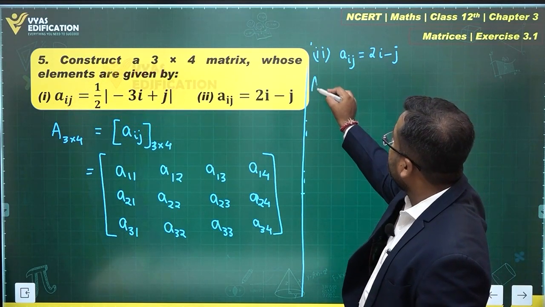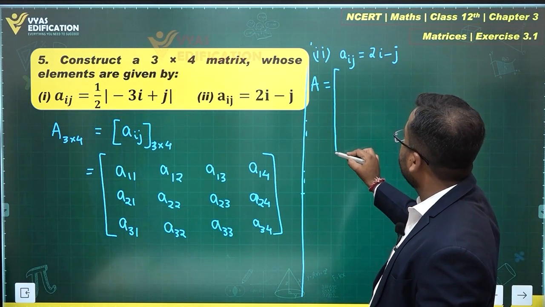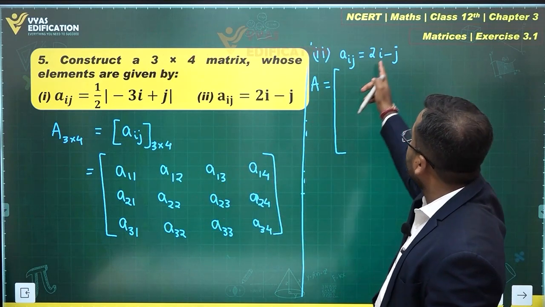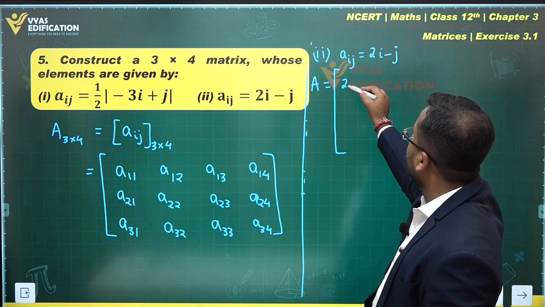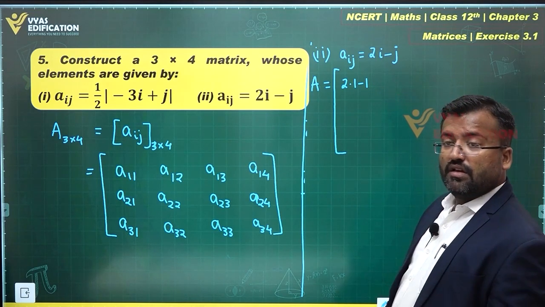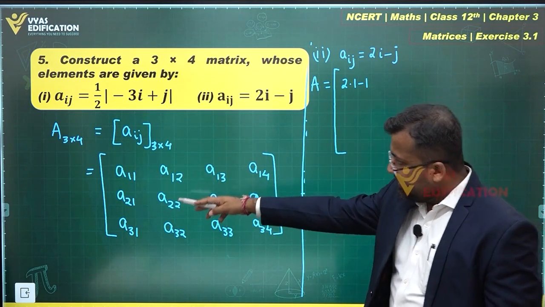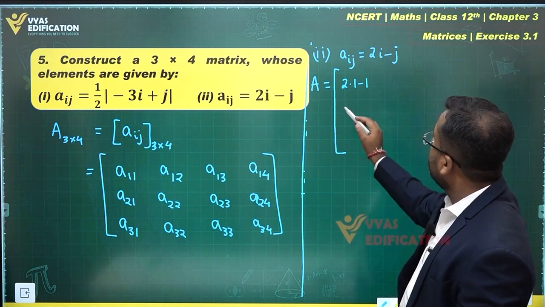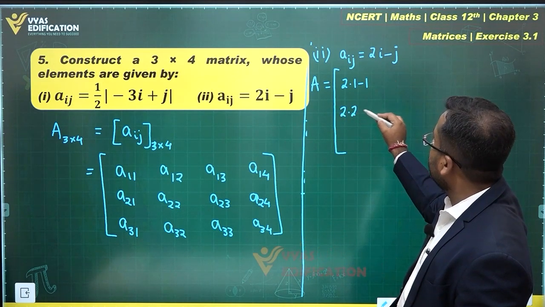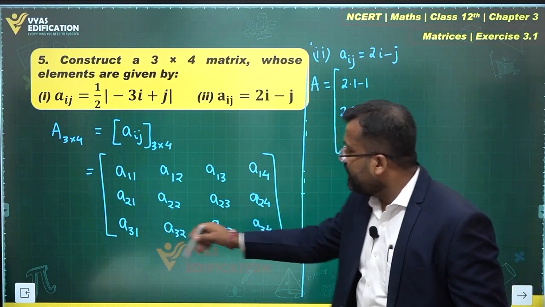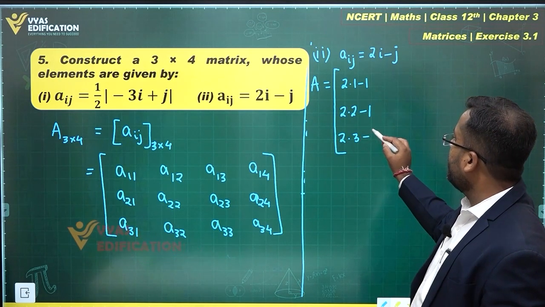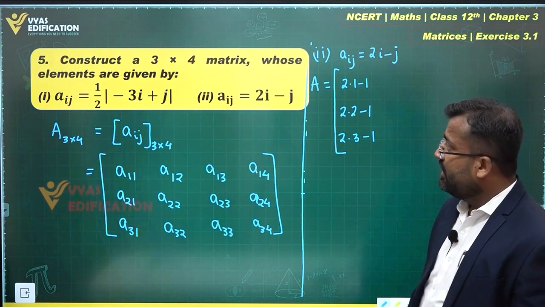What I'll do is directly construct the matrix this time around. A11 will be equal to 2 times 1 minus 1. A21 would be equal to 2 times 2 minus 1. A31 would be equal to 2 times 3 minus 1. I can write it as this, yes? That is easy.